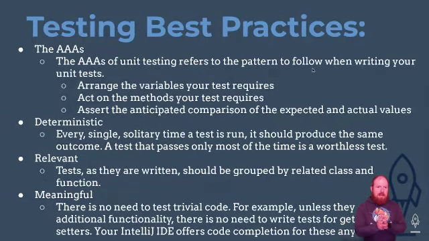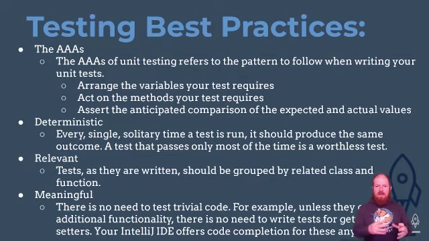Testing best practices, the AAAs of unit testing. Arrange the variables for your tests, act on the methods your test requires, and then assert the anticipated comparison. So what that really does is at the beginning of your testing package, you're going to make sure you set up all the variables that you might use in this test. On each of the bigger methods inside your class, not your setters and getters, obviously, because those are just common, those aren't going to mess up.